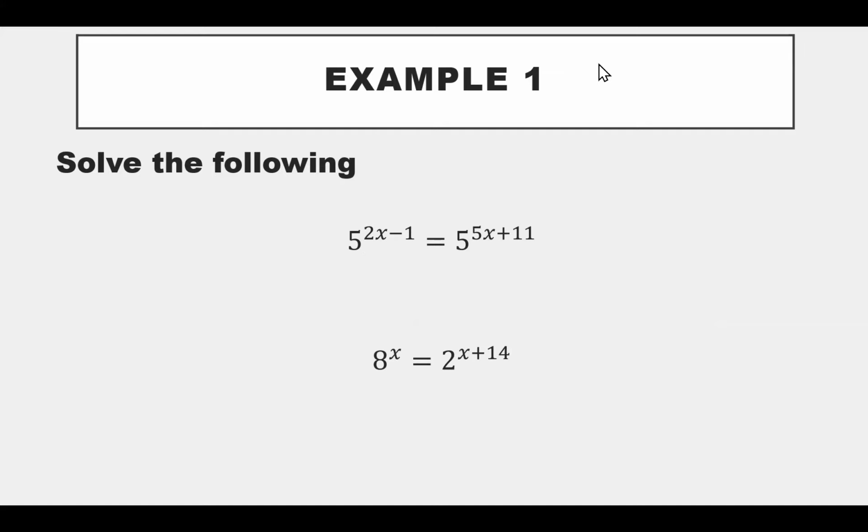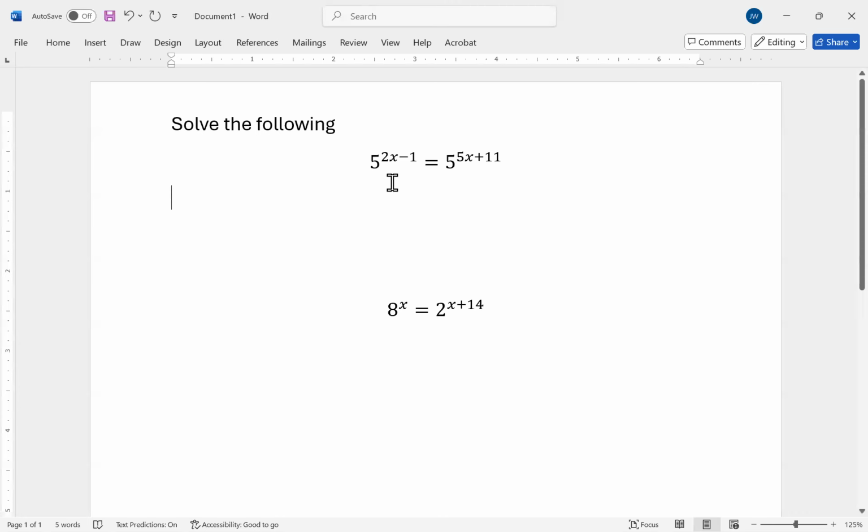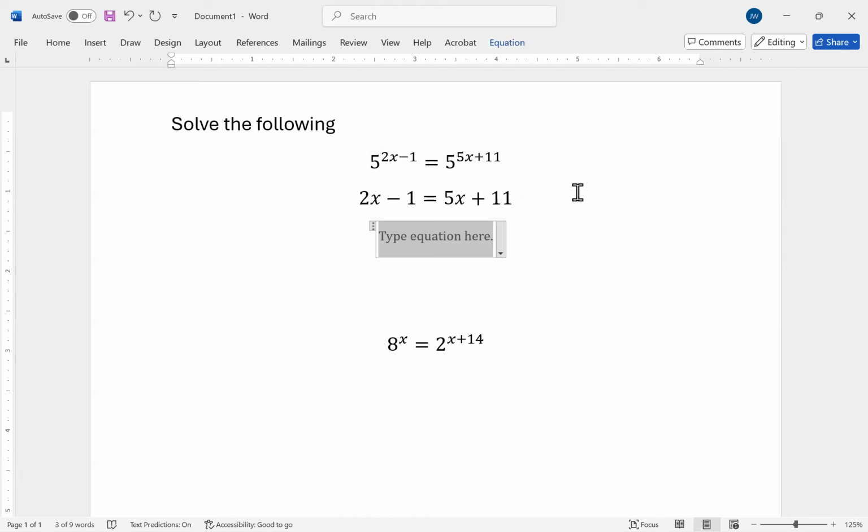Let's go ahead and do that. Since we have the same bases, we set the exponents equal to each other. So 2x minus 1 is going to be equal to 5x plus 11. And then we can use standard rules for solving a linear equation.